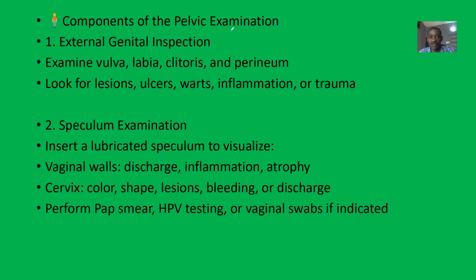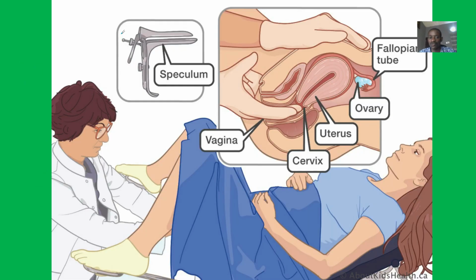So components of pelvic examination: first of all, you are starting from the outside. Here you are looking at the structures you are examining, and the reasons why you are examining those structures. So the external genitalia inspection, that's what they are looking for. Speculum examination, this is when you use this device to put it in the vagina to keep it wide open.